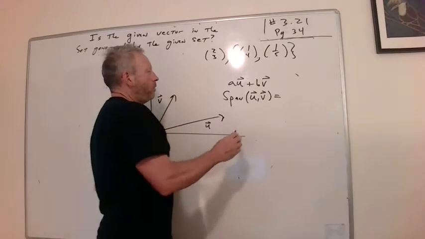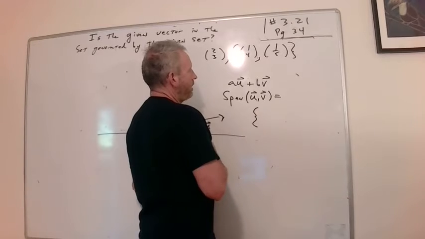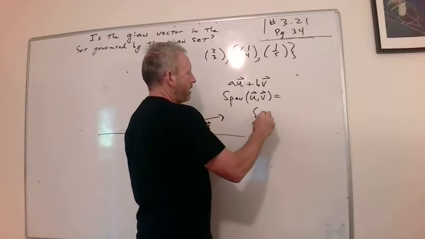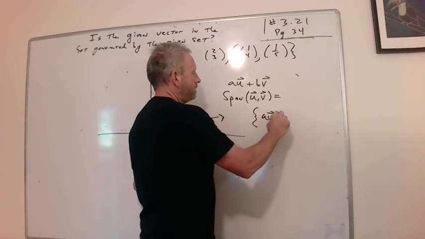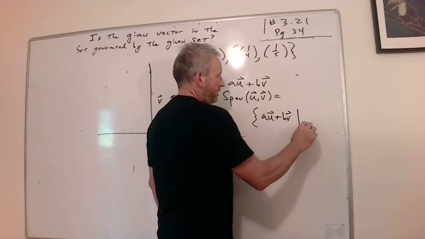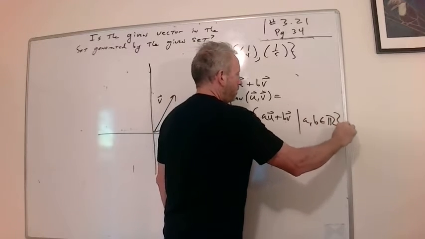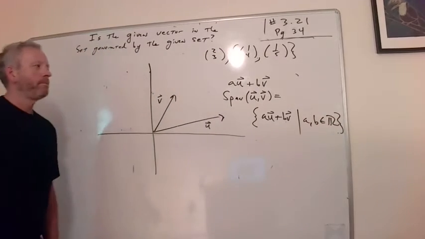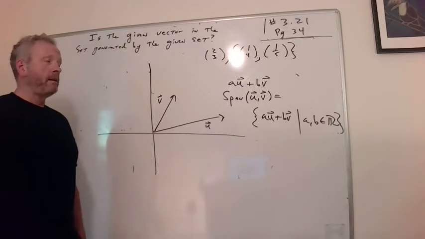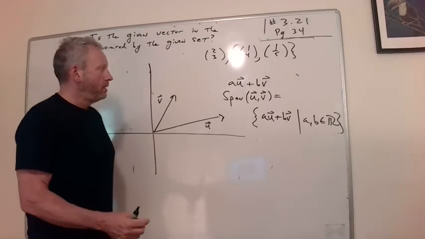So let's see, what on earth would that look like? Well, I guess we could say it's the set of all linear combinations. So how about if we just do AU plus BV, where A and B are elements of the real numbers. So that's the span of a set of vectors.